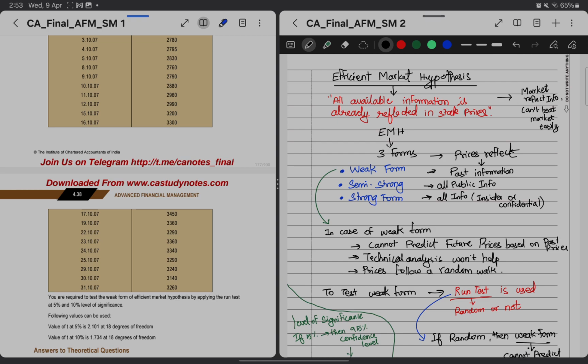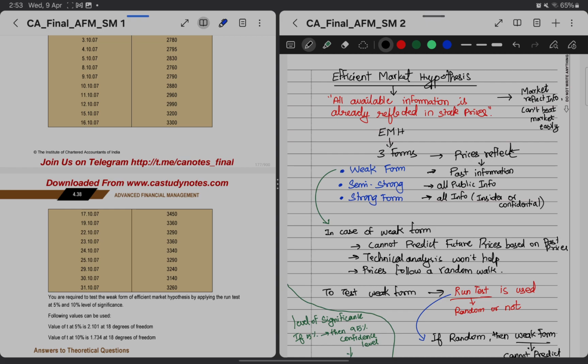So we can't beat the market, it doesn't work like that, unless and until we have some insider information or something which helps in predicting the prices. So that's the crux of this efficient market hypothesis.